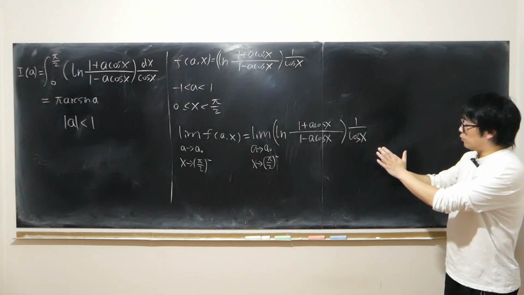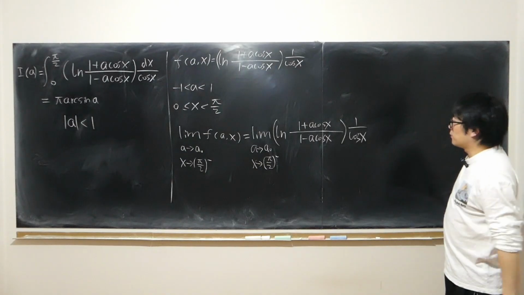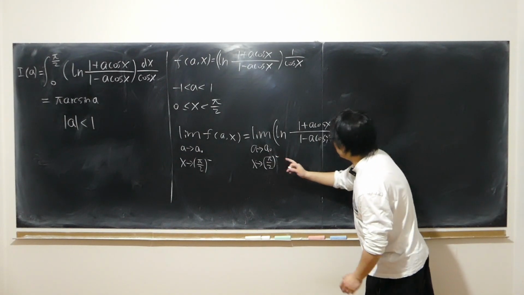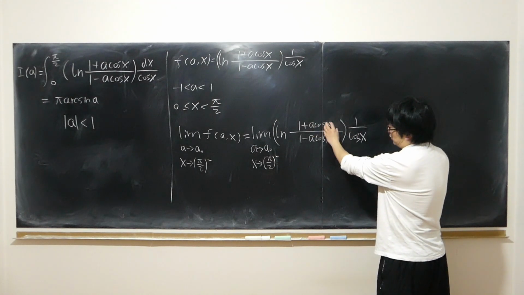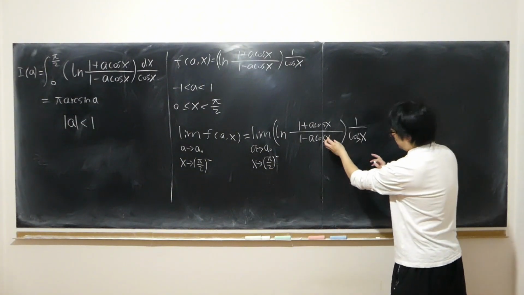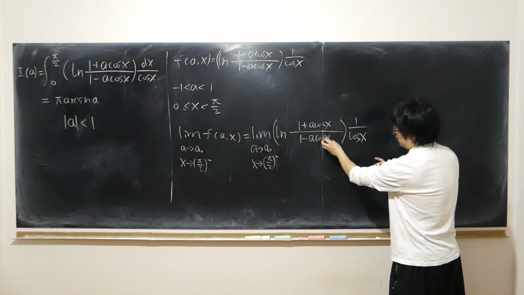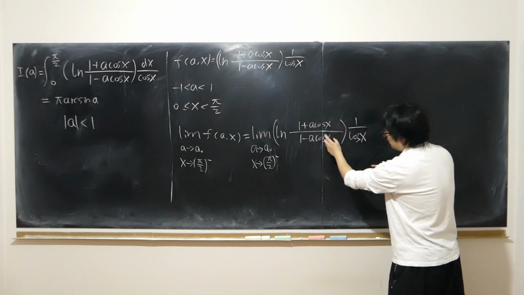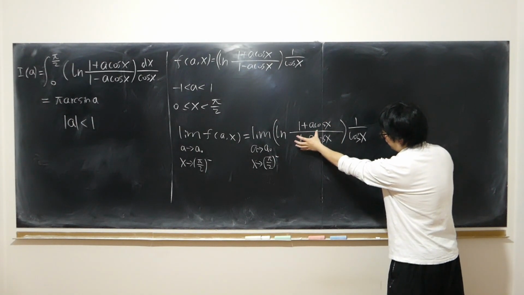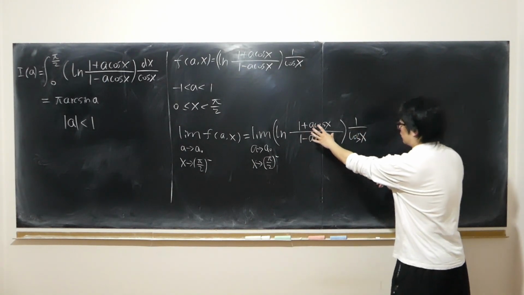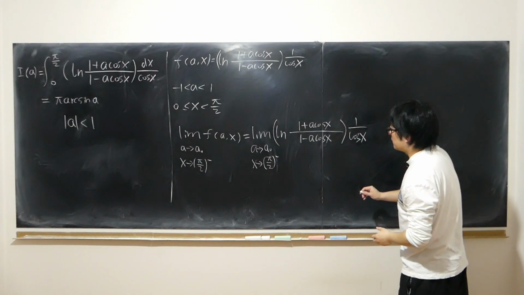We have two variables, not just one, two. Here we notice that when a approaches a naught, doesn't matter, that's okay. But x approaches half pi from the left-hand side, so cosine approaches 0. Doesn't matter what a value is. So you have 0, 1 over 1, log 1. Approach log 1. But at what speed?